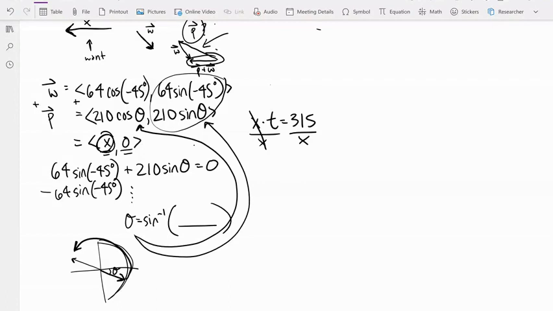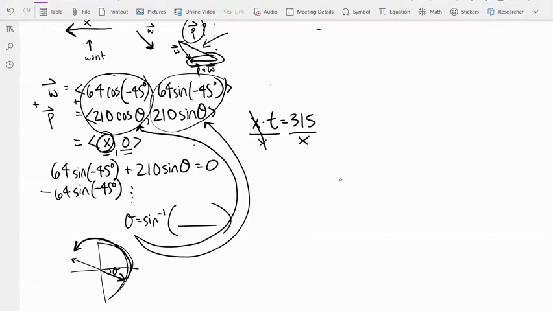So let's say that once you find theta and add your x components to find the resultant vector, the resultant magnitude is like 200. Then I would do 315 divided by 200, and that will give me the amount of time it will take to get to 315 miles. Because remember, the magnitude of your resultant vector is the resultant speed.